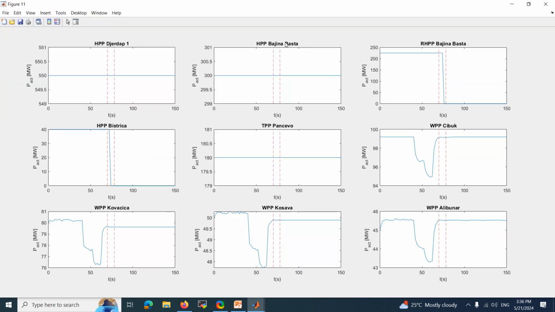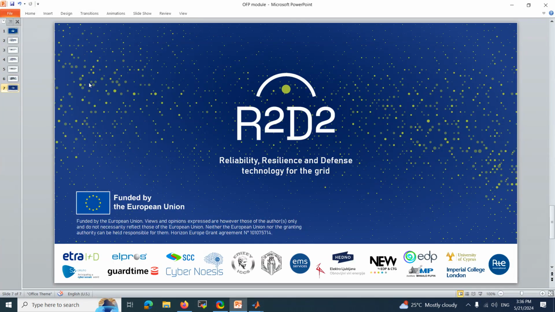The last set of diagrams is intended to show the behavior of production of each power plant. As shown, the algorithm sent command signals to hydropower plant Bistrica, and rapidly after to reversible hydropower plant Bajina Bašta. So that would be all for today, and thank you for your attention.